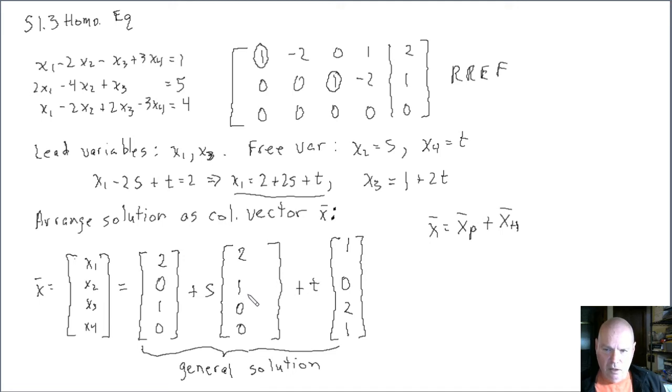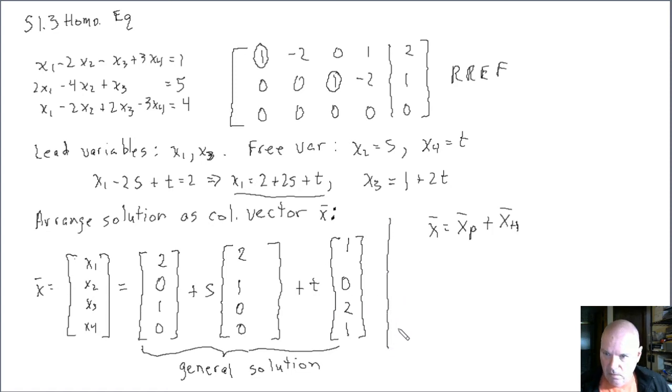But I can always express the general solution as a sum of a particular solution and a homogeneous solution, and I want to talk a little bit more about the homogeneous solution today. But I can obtain a particular solution by just assigning any values to s and t.